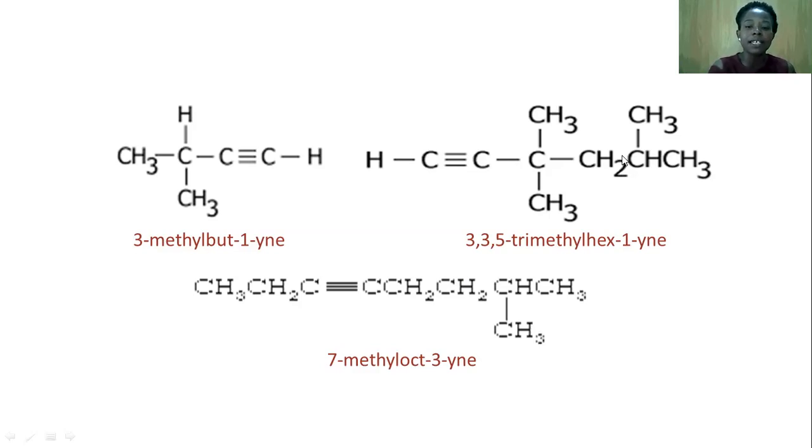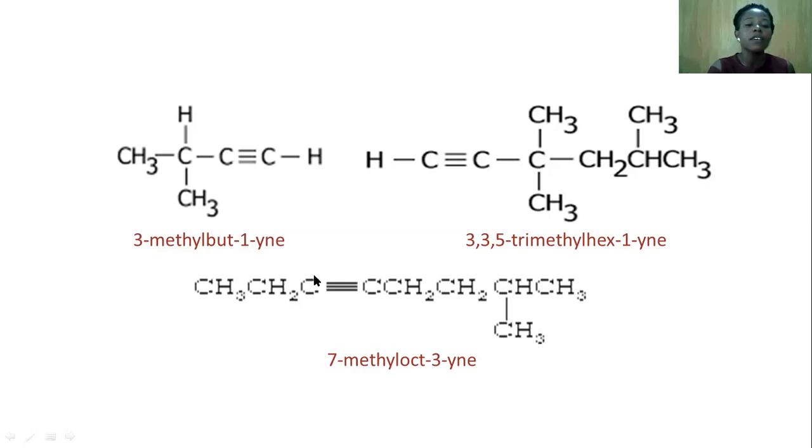Then let's look at this. Let's count from the left: 1, 2, 3, 4, 5, 6, 7, 8. So this is oct. Now, if you had counted from the right, it would be 1, 2, 3, 4, 5. 5 is too far compared to 3.